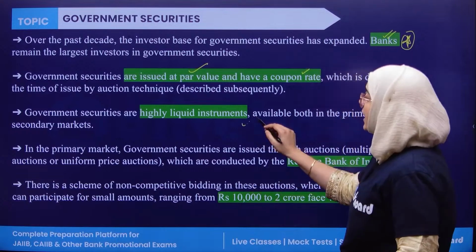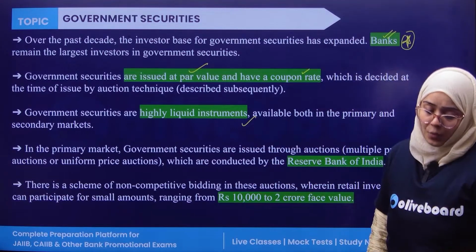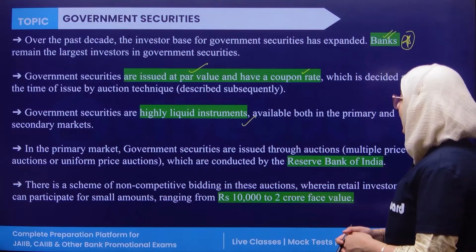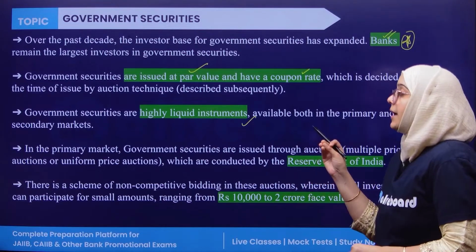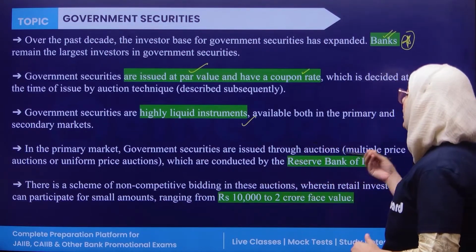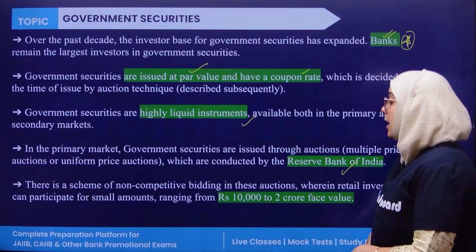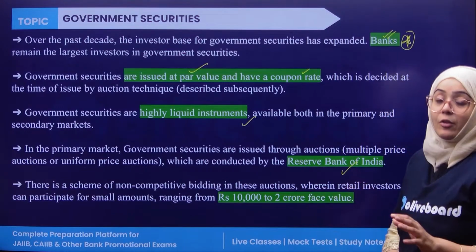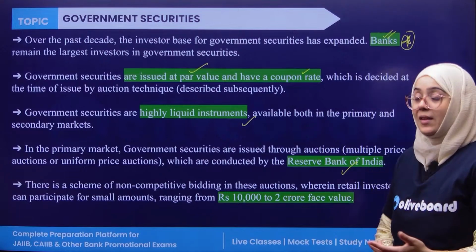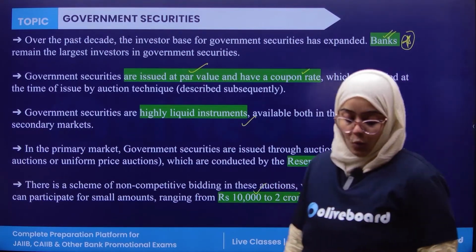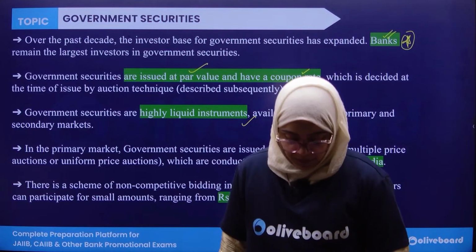They are very liquid instruments, highly convertible into cash. In the primary market, government securities are issued through an auction conducted by the Reserve Bank of India. The amount you can invest can range from 10,000 to 2 crore face value.